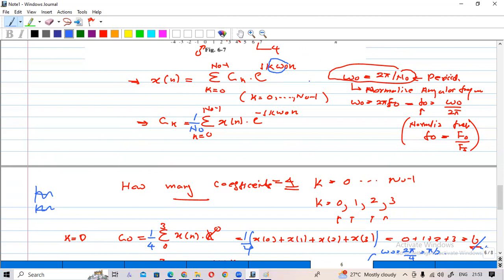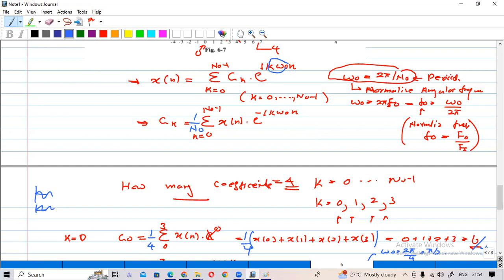For the non-periodic signal, this k will not be a discrete value. It is just like a continuous value. That means omega naught has a very small value, like 0.0001.